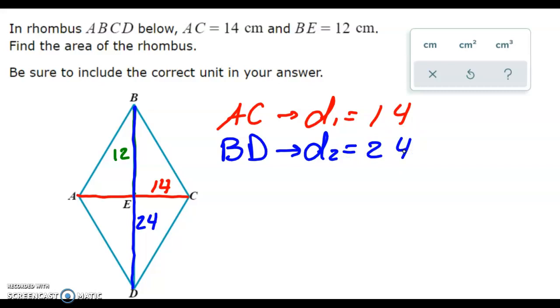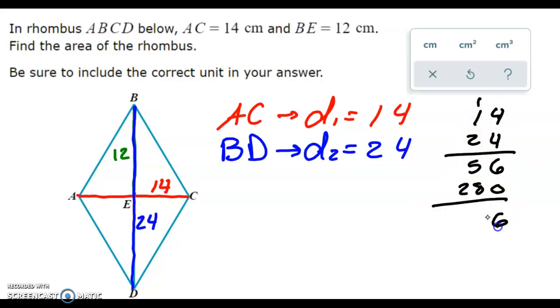Okay, so you multiply those two things together. I didn't do that beforehand, so let's multiply those together here. 4 times 4 is 16. 1 times 4, and then 5, that's 8. 280. Okay, I think that's right. 336.